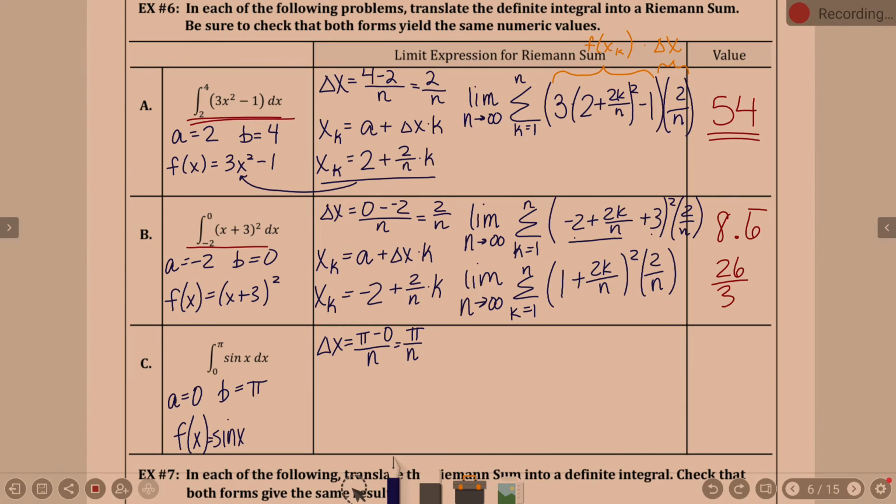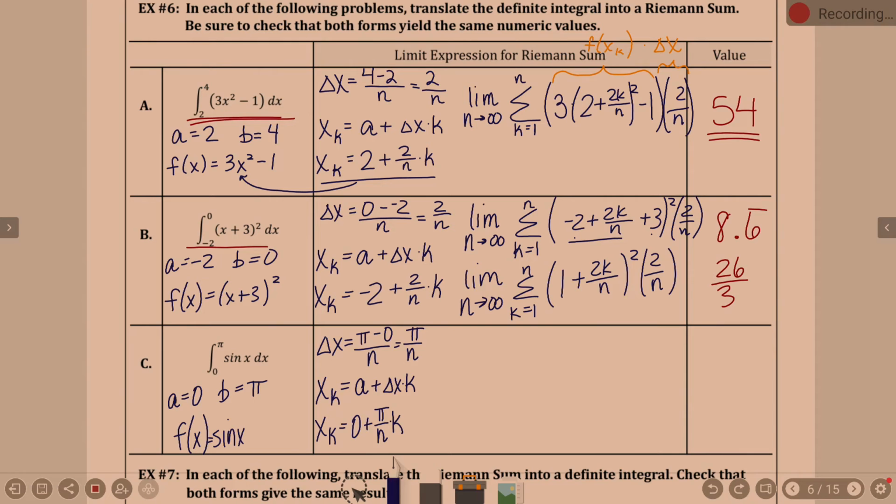So pi over n. X sub k, a plus delta x times k. So let's see, what's A? A is 0. So 0 plus pi over n times k.